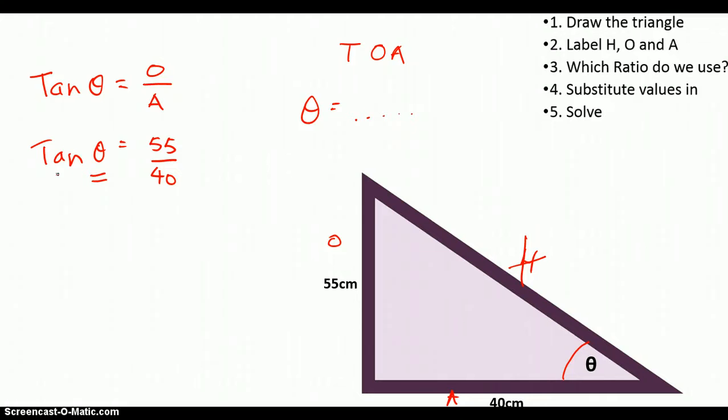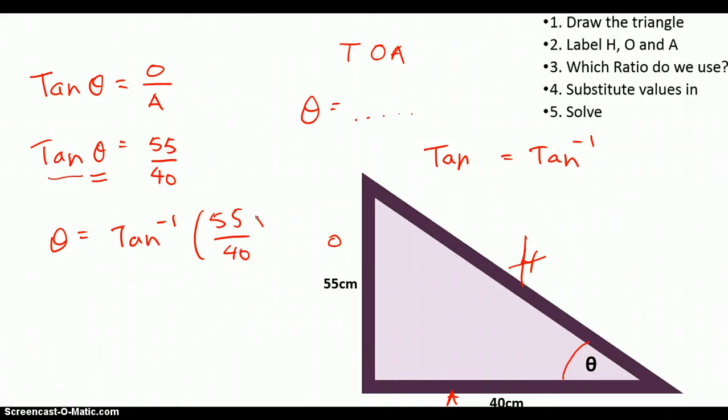So we need to have a look at first, what is affecting that theta? The tan ratio is affecting this theta. The opposite of tan, or the inverse operation of tan, is actually tan to the power of minus 1. So we would say theta equals tan minus 1 of 55 over 40.